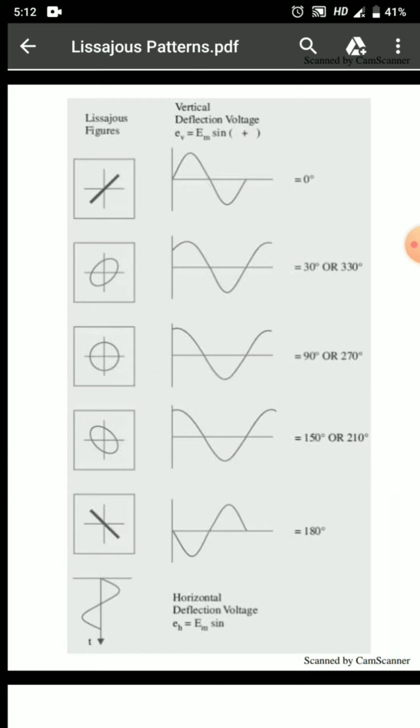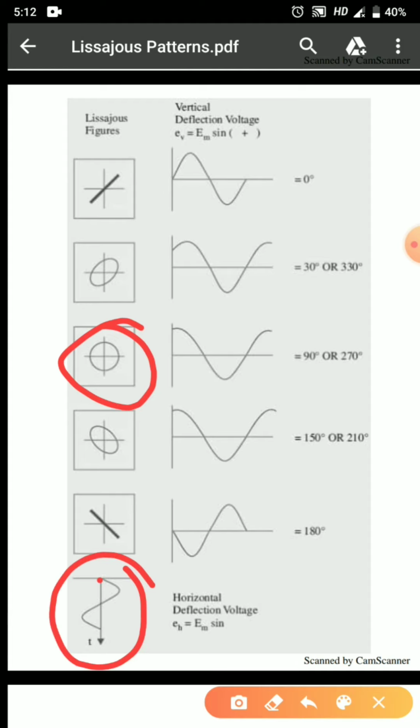At this time we will get a circle. Here we can see that the signal is starting at 0, but when it is at 0, the other signal is at its positive maximum, that is there is a phase difference of 90 degree.